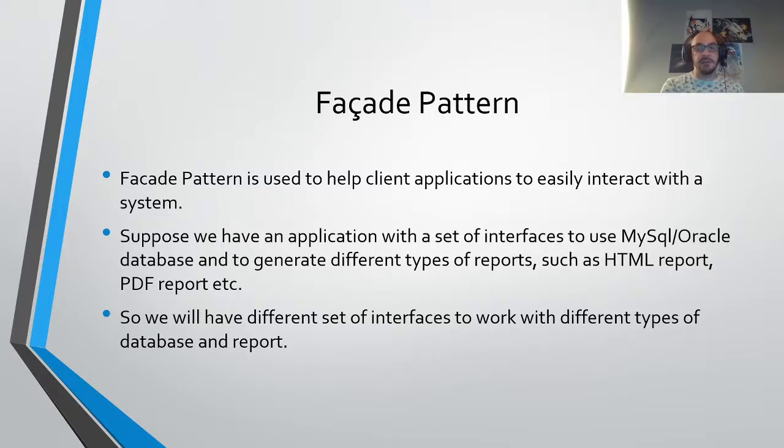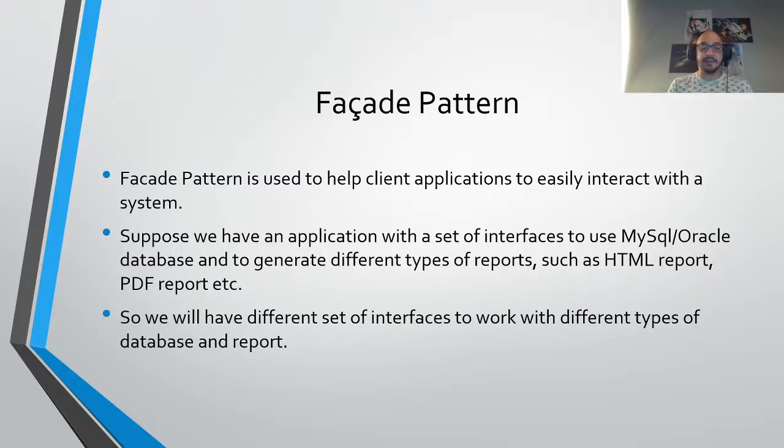You can have a MySQL connection database, or you can have an Oracle database. But it also has different types of reports. You can have a report in HTML and you can have a report in PDF.